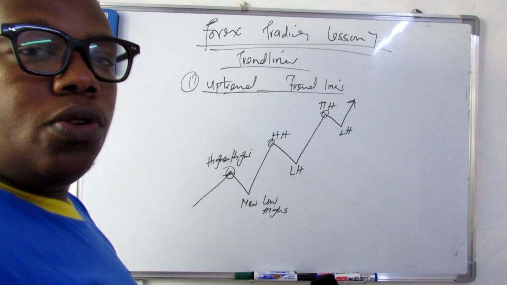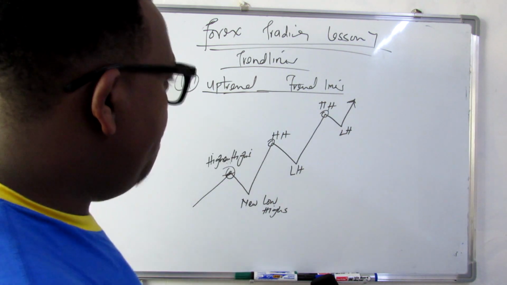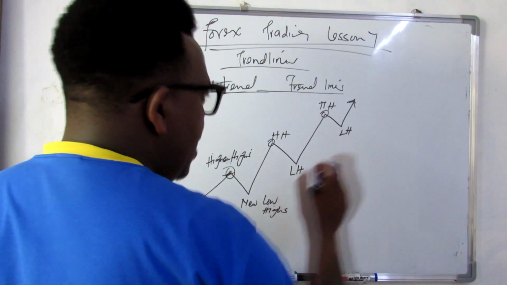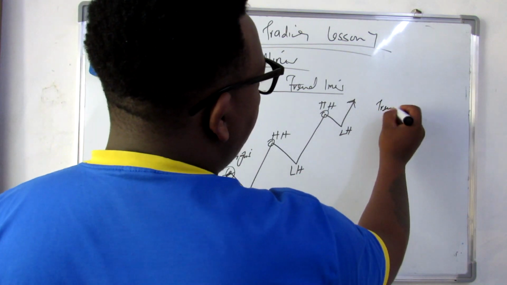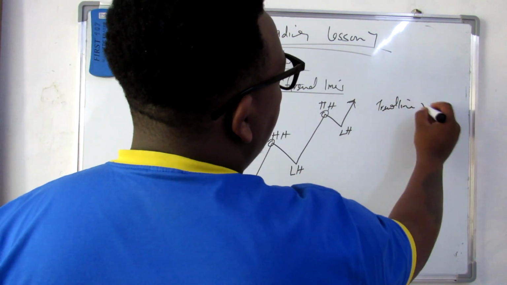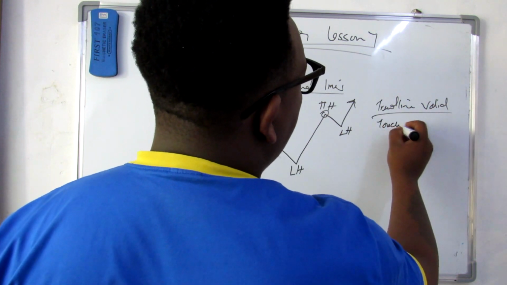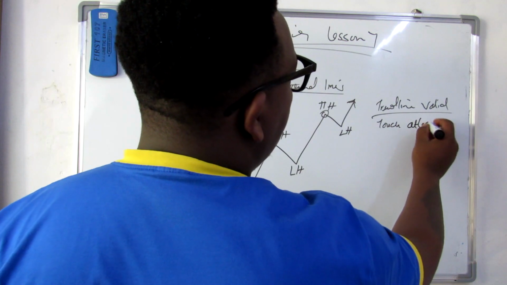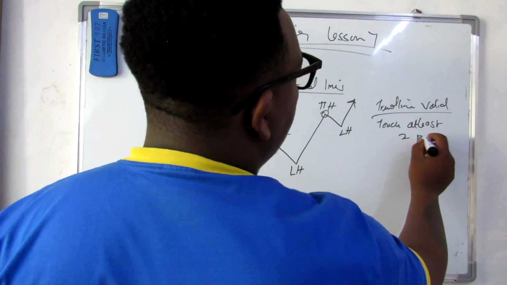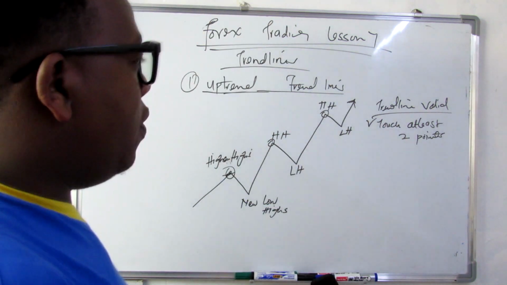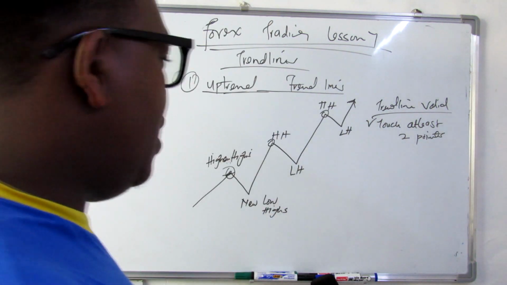So how do you draw these trend lines in the case of an uptrend? There are factors that come into place, and one of those factors is that for every trend line to be valid, it has to touch at least 2 points for the market to be valid in that direction.